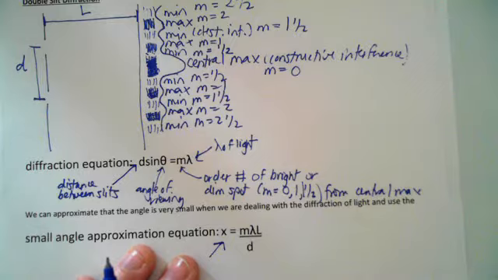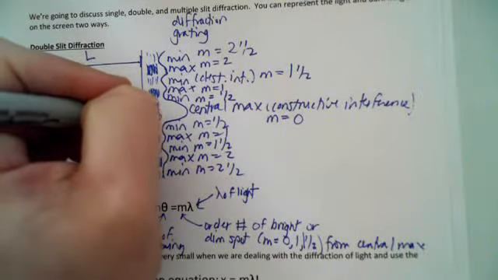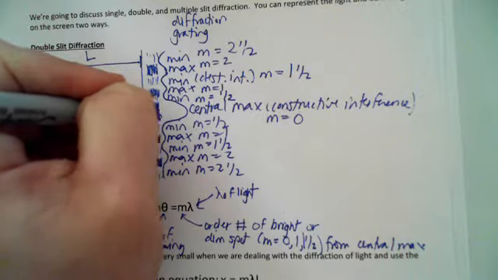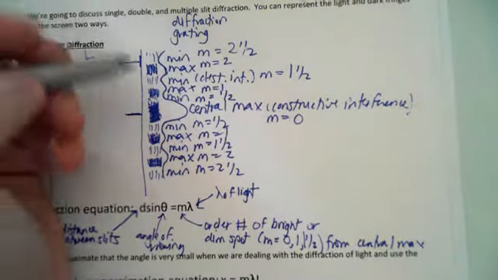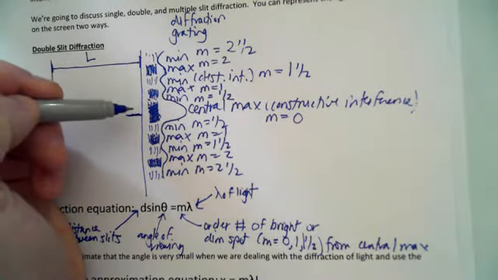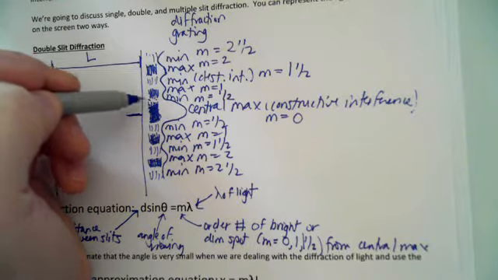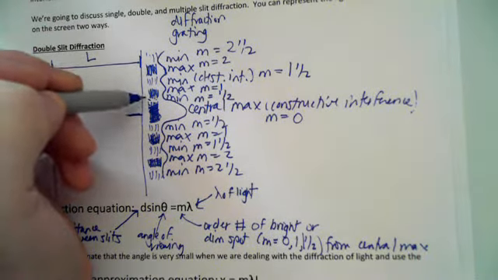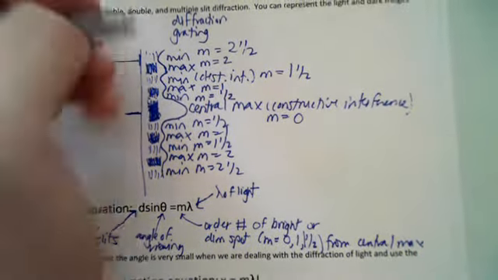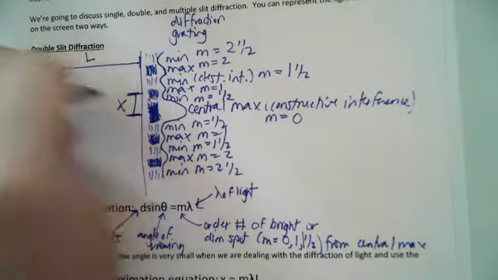Say I want to know the distance between the central max and the next area of constructive interference after that, then x would be the distance between the central max and that next max.